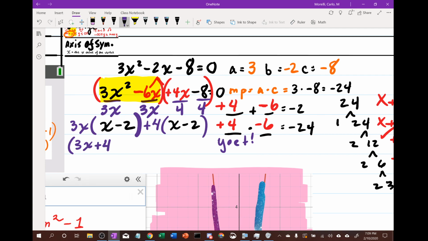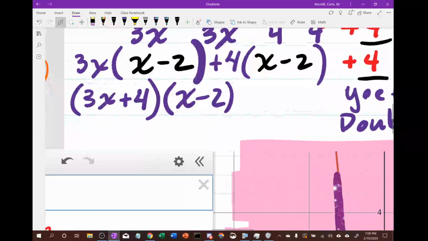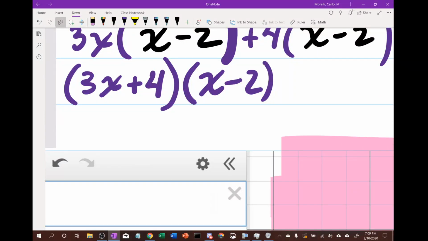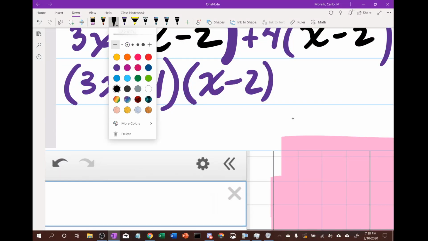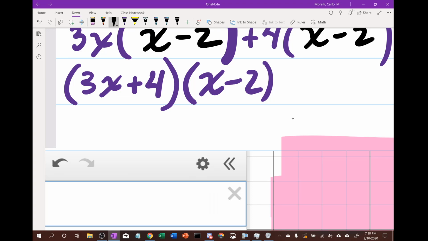Parentheses 3x plus 4, close parentheses. That's exactly right. Now what? Yes.